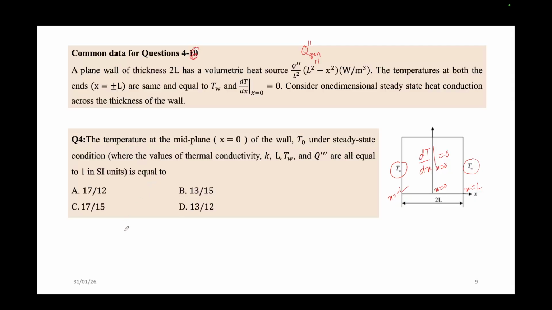So what is the equation? Just tell me the equation, the heat conduction equation. It is in x direction, a one dimensional equation.